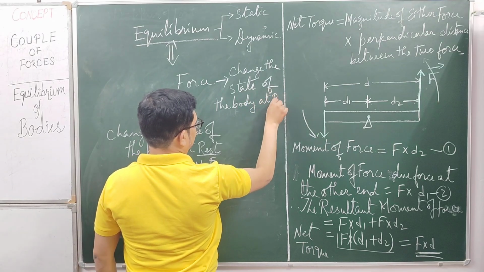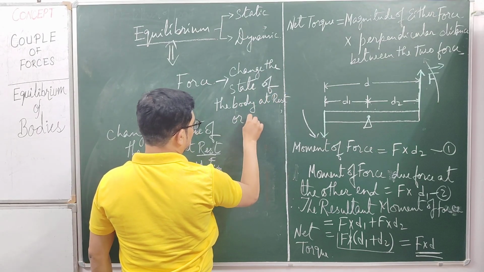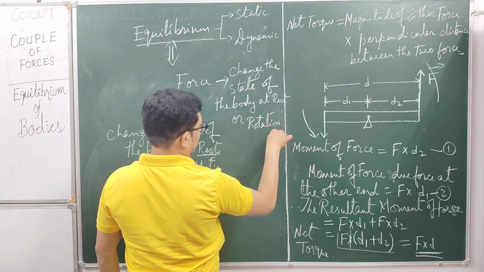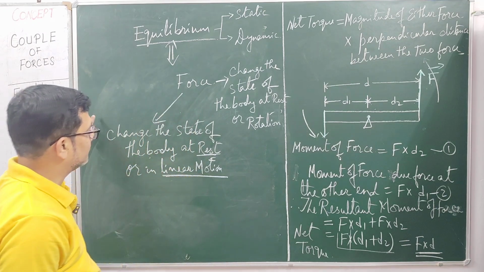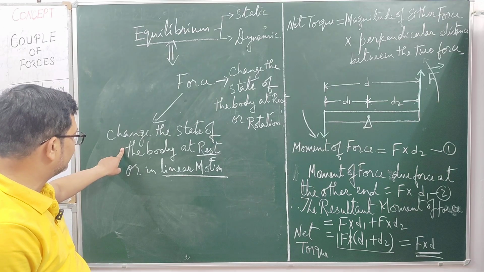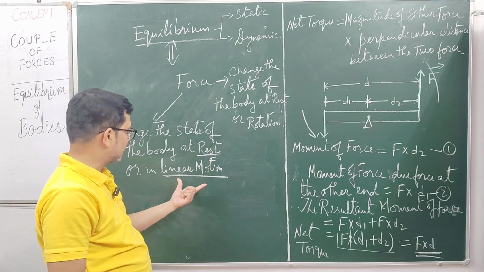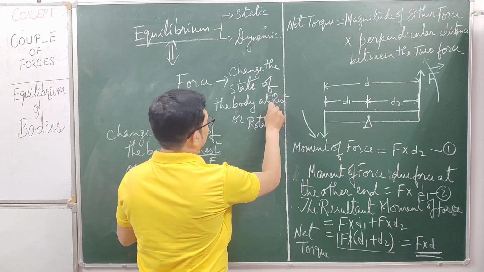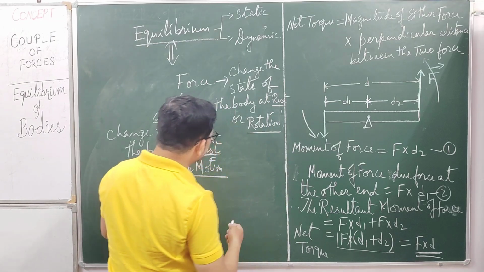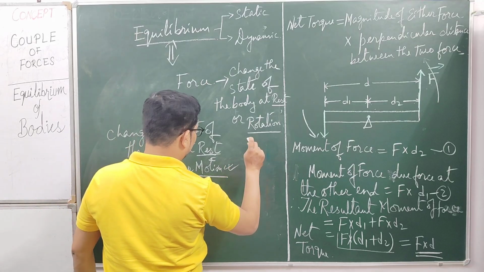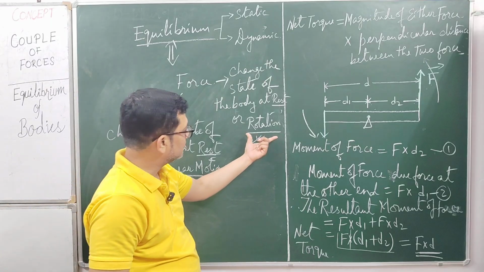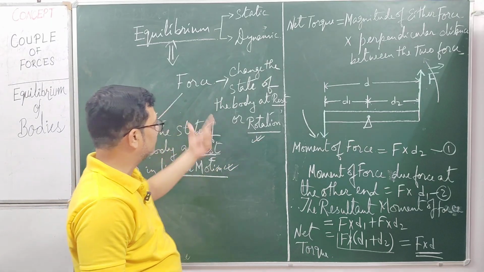So a force can either change the state of the body if the body is at rest or in linear motion, or it could change the state of rest or the state of rotation. So the force can do two things: either it could enable the linear motion, or it could enable the rotational motion. Both things a force could do.